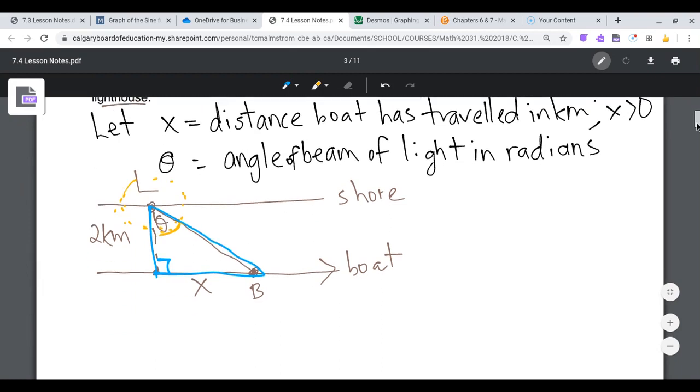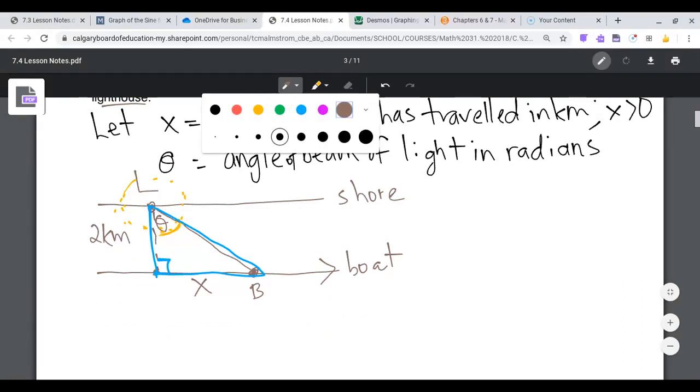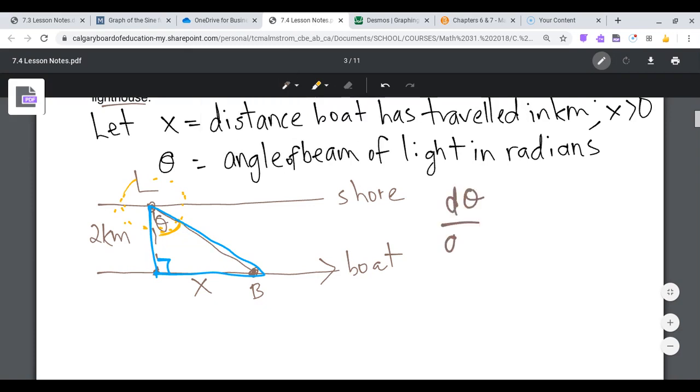Okay, and so we're trying to find a function for this. So let's see what it is that we know before we write our function. We should write that out. It's asking us to find d theta dt is equal to what, at the instant when the boat x is 4 kilometers from the point opposite the lighthouse.